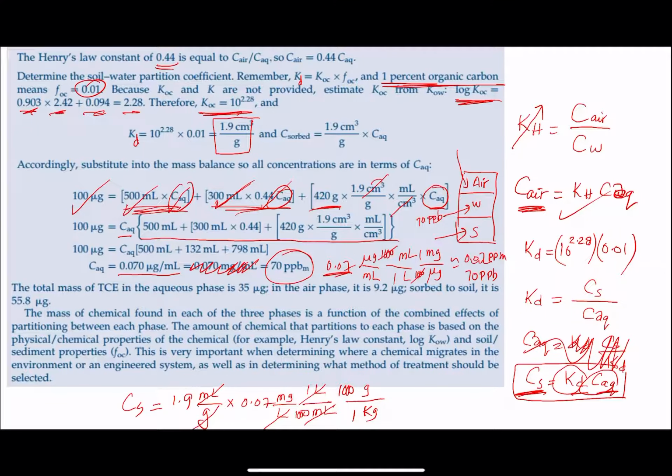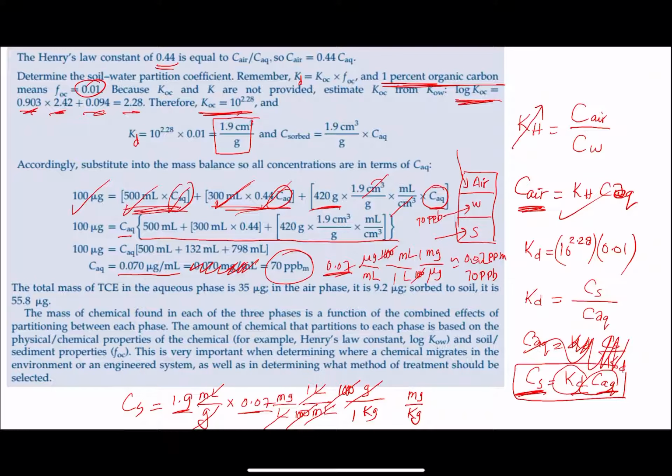So gram per gram, and 1,000 per 1,000, and you'll end up with milligram per kilogram. Now it is fine. So 0.07 times 1.9 will be the concentration of the organic in the solid phase in milligram. Make sure you put the unit per kilogram.